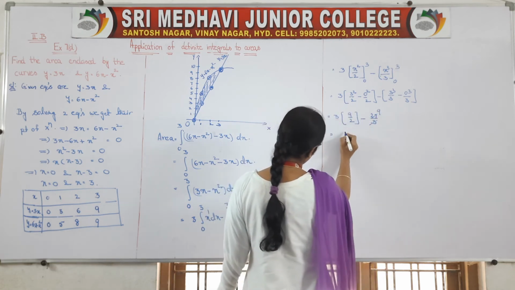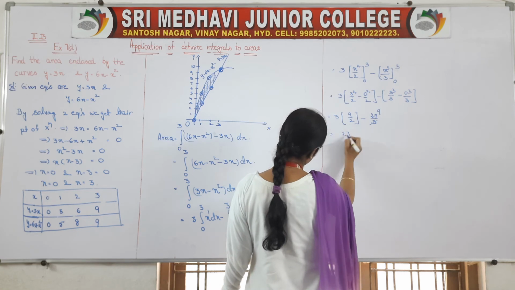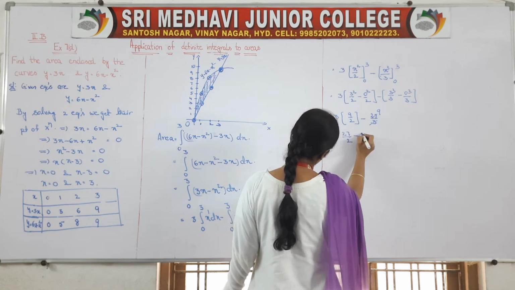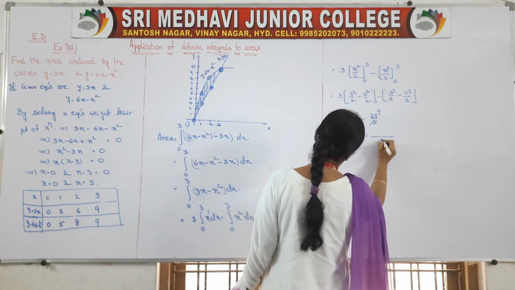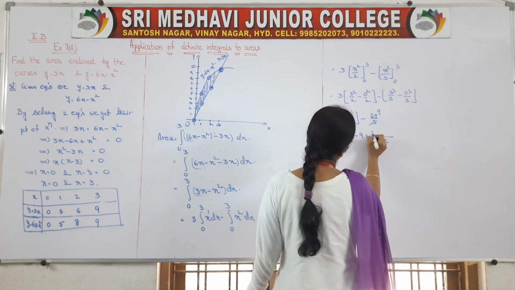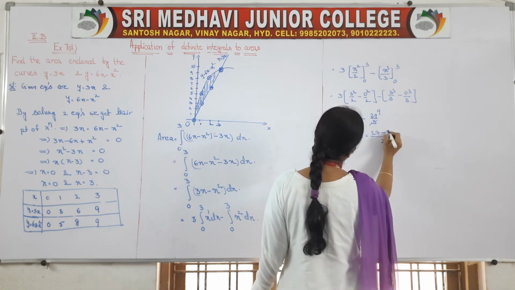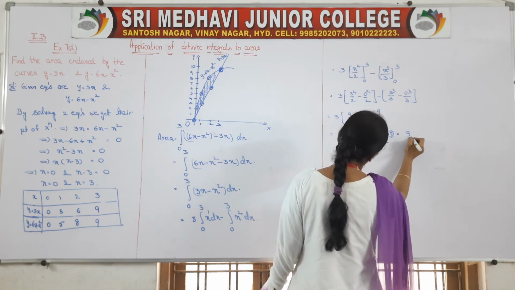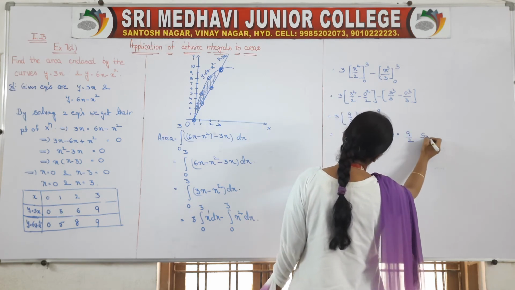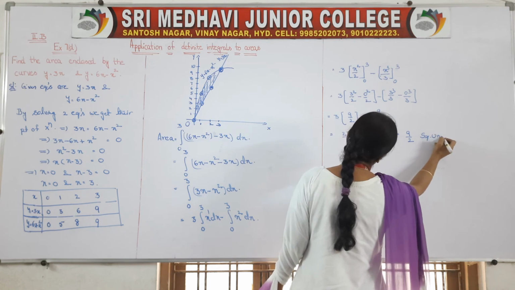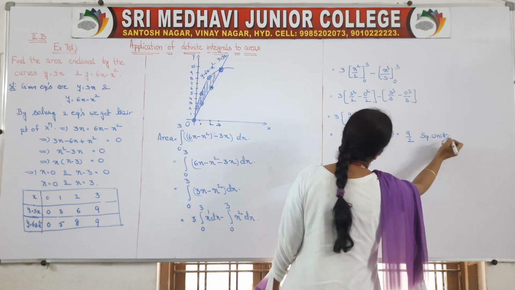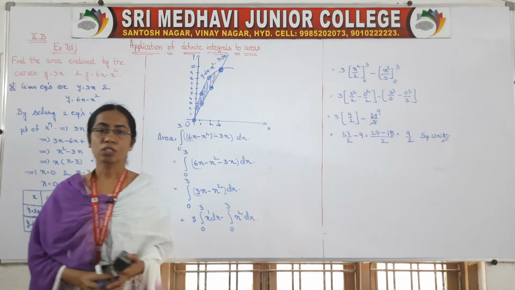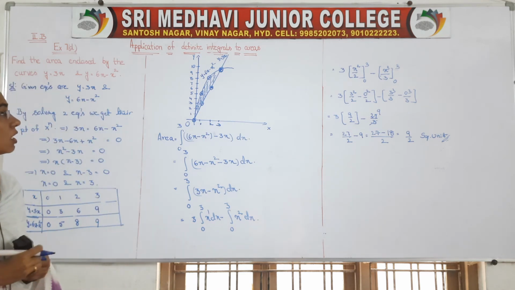Here it is 9 by 2 minus 9. So 2 is the LCM. 9 minus 18 over 2, that is, 27 by 2 minus 9 gives 9 by 2. So 9 by 2 square units is the answer. Okay, so this is the answer of your question.